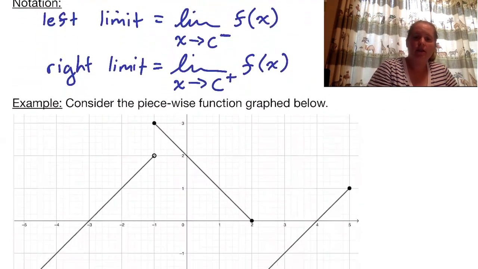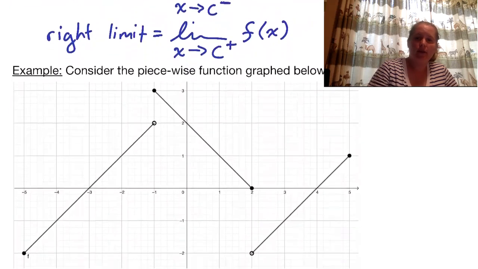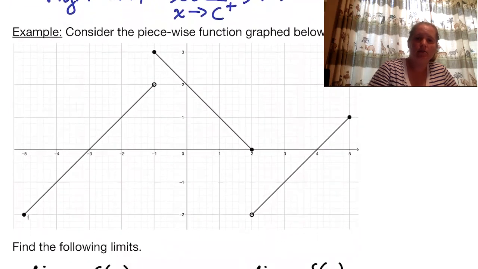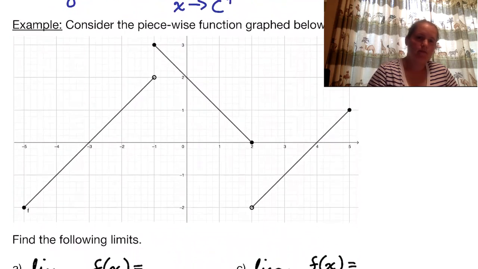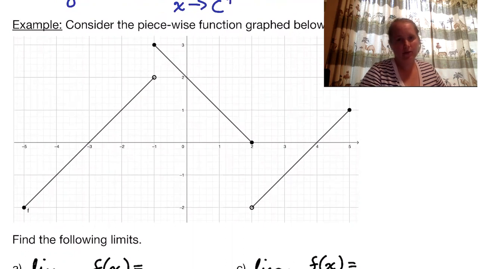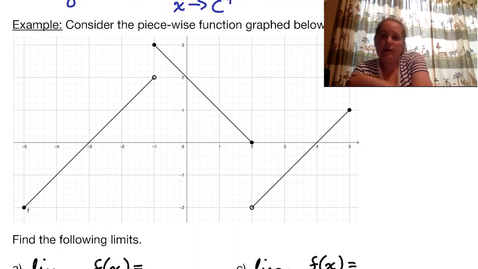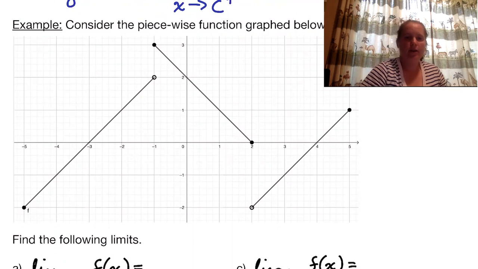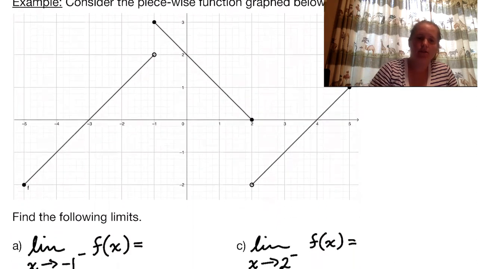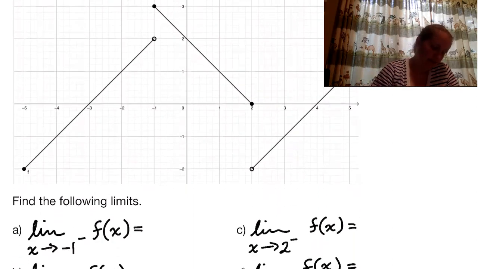So let's just look at a piecewise function that I have graphed. Here we have just a bunch of straight line segments going up and down. And we're supposed to find a variety of limits. So the first one, we're looking at c equals -1.